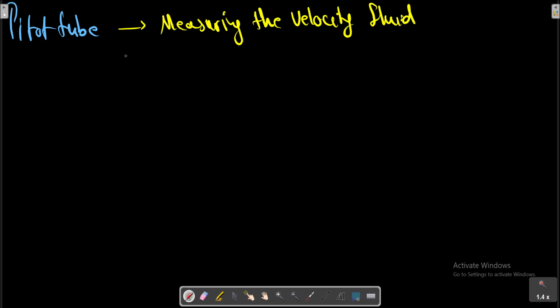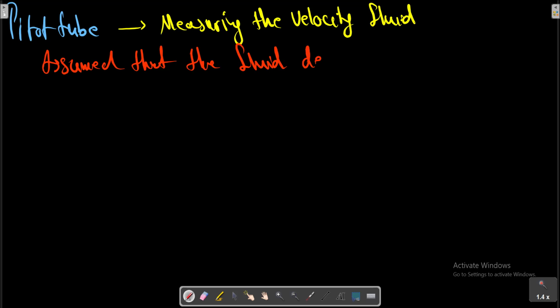In calculating the flow with a pitot tube, it is assumed that the fluid is decelerated isentropically in front of the pitot tube. Therefore, the stagnation pressure of the free stream can be measured.